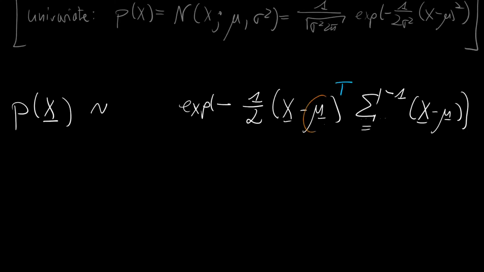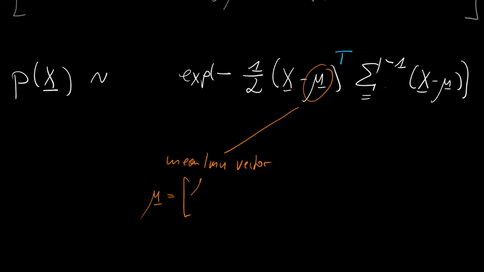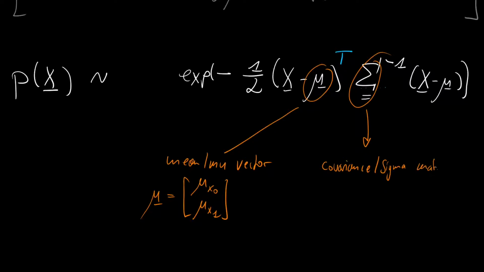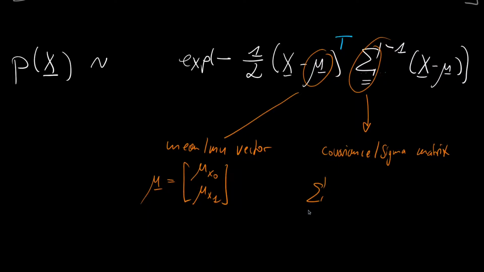What we have here, we have the mu vector, so a mean or a mu vector. This one consists of the mu x0 and the mu x1, so the mu for each of the corresponding variables. And we have the sigma squared, which is the covariance, or you can also call it the capital sigma matrix. And it is given as, in our two-dimensional case, the sigma squared x0 and the sigma squared x1. So the one that we also had in the two univariate cases.